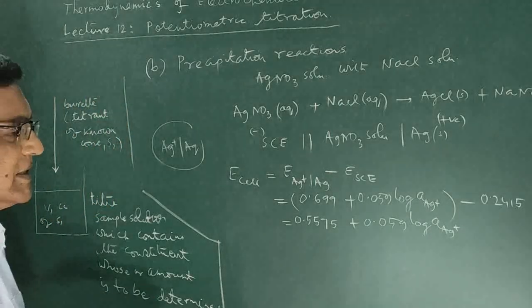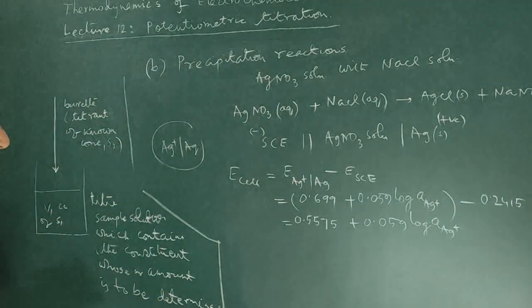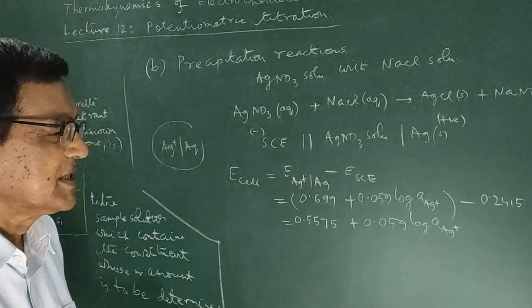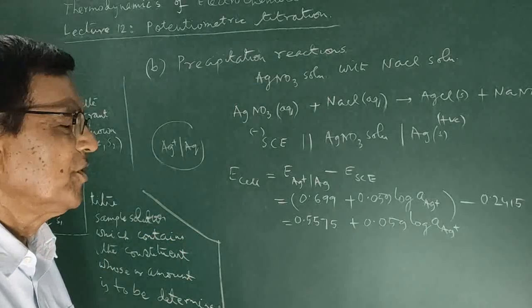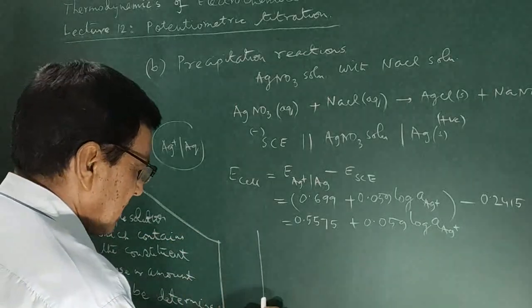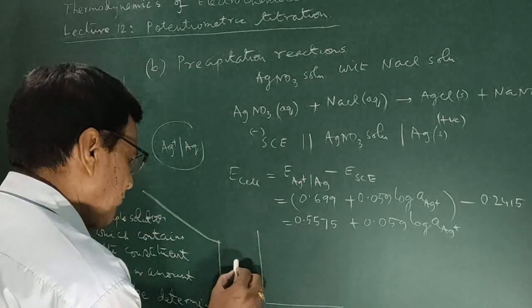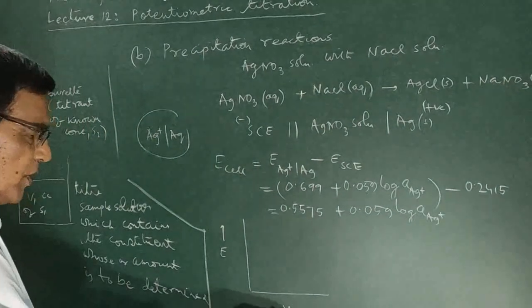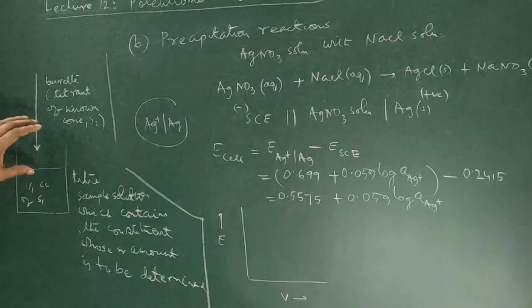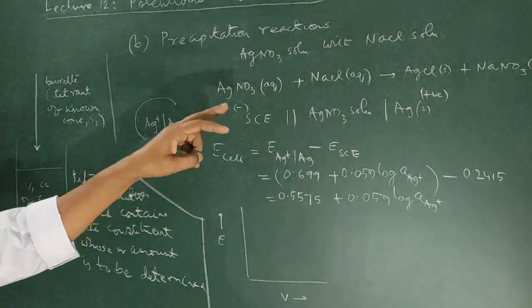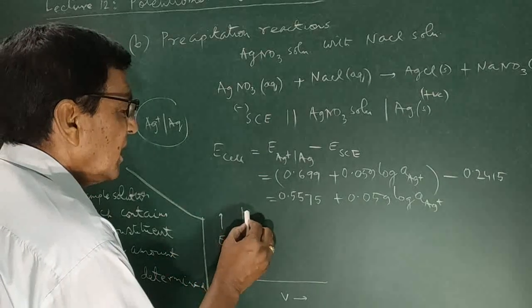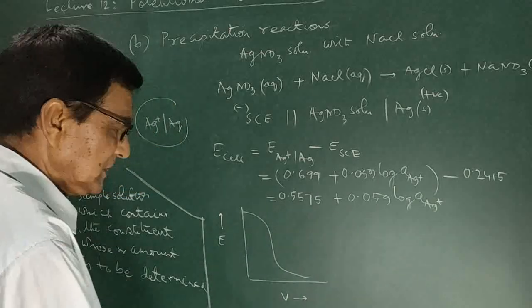As the titration proceeds, the silver ion is removed from the titer solution, and the cell potential is also decreasing, and we get a similar plot, E here, and the volume of sodium chloride taken as the titrant, and this curve will be like this.